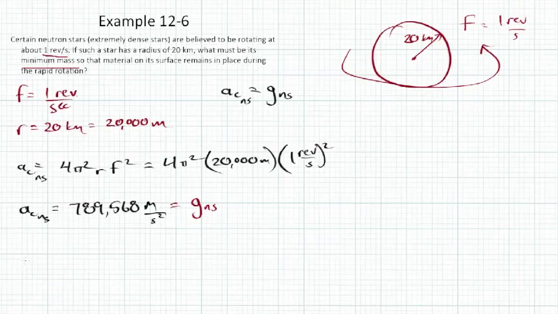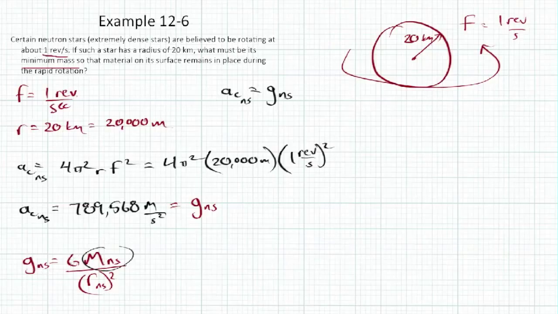Well, our equation, the gravity of the neutron star is equal to capital G times the mass of the neutron star divided by the radius of the neutron star squared. That should enable us to solve for the mass of the star because we know everything else now.